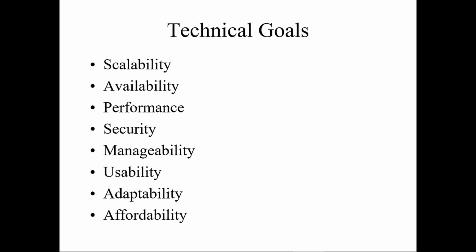Adaptability is the ease with which the network design can adapt to network faults, changing traffic patterns, additional business or technical requirements, new business practices, and other changes. And lastly is affordability, and that is the importance of containing the cost associated with purchasing and operating networking equipment and services, as well as resources.